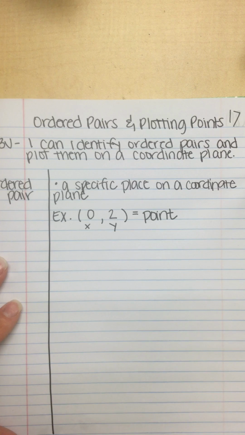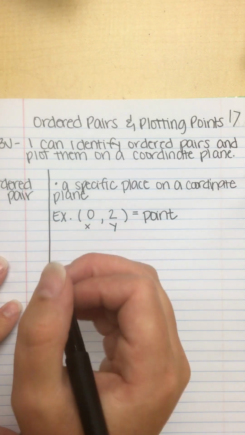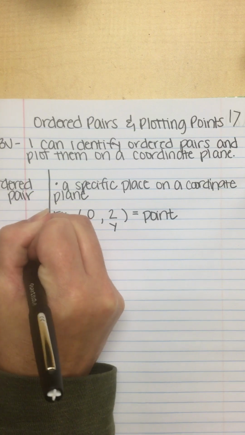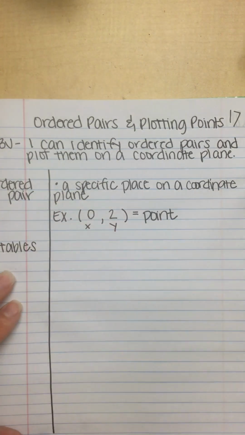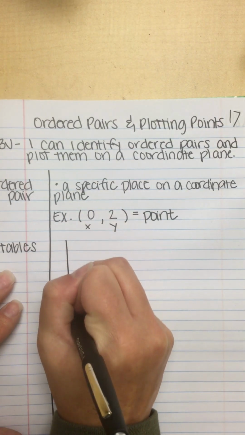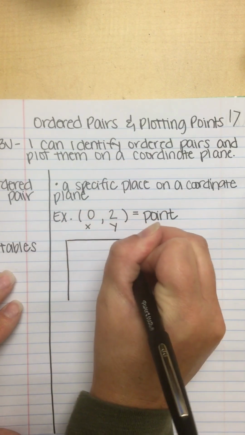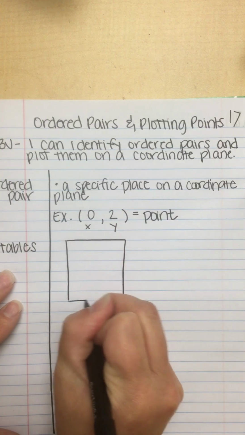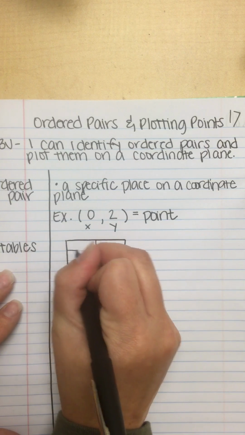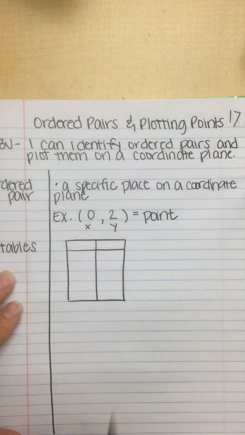Now you are going to see ordered pairs in tables. And so I want to explain how the table works first, and then we will take our ordered pairs and we will plot them. So sometimes you will see a table that looks like this.